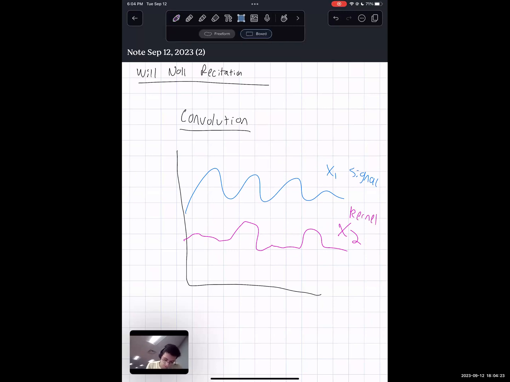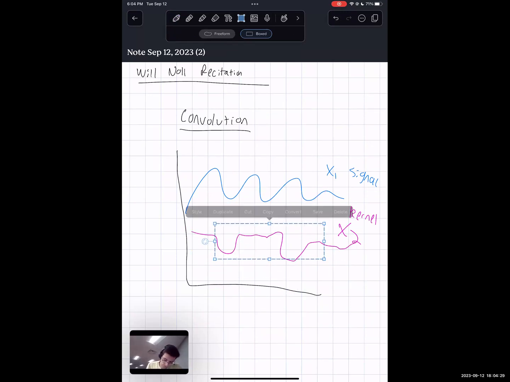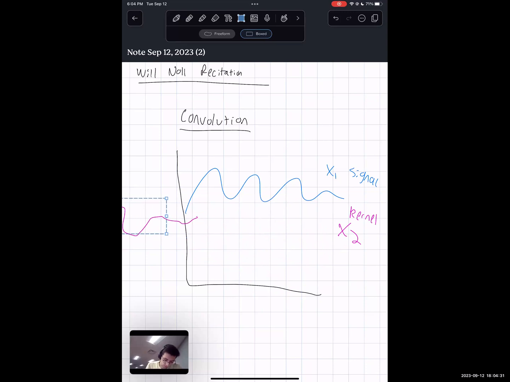You basically flip this one, so you time reverse it, right? So you flip it like this, and then you run the kernel across the entire signal, kind of like a moving average, but you run it across point by point.